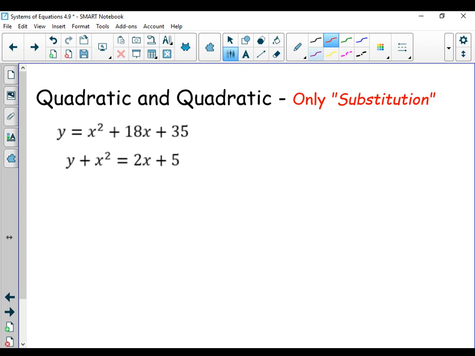So this particular one, I'm going to subtract my x squared over. Now I can set them equal to each other.